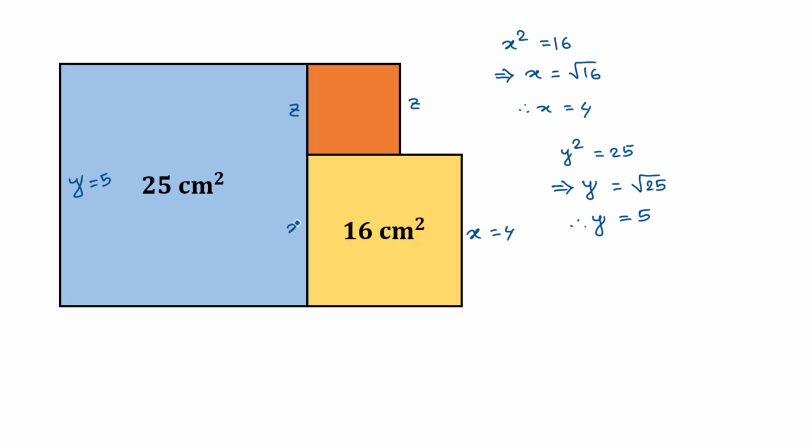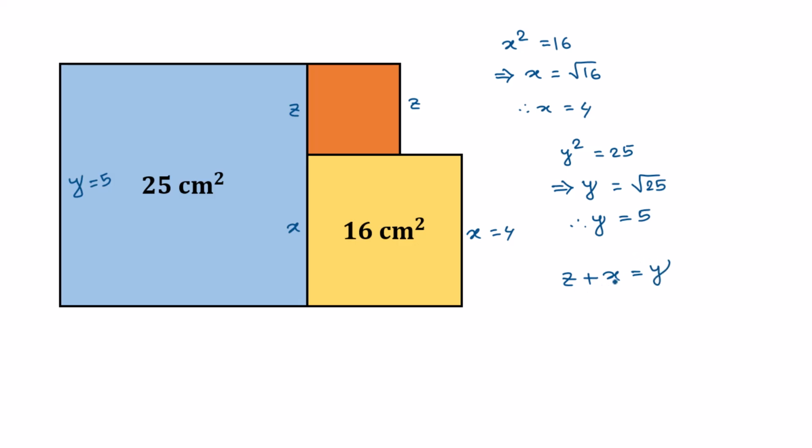So this is x, and the sum of these two side lengths z and x is the same as the length of this square. So we can write z plus x, the side length of these two squares, is equal to the side length of this square, which is y.